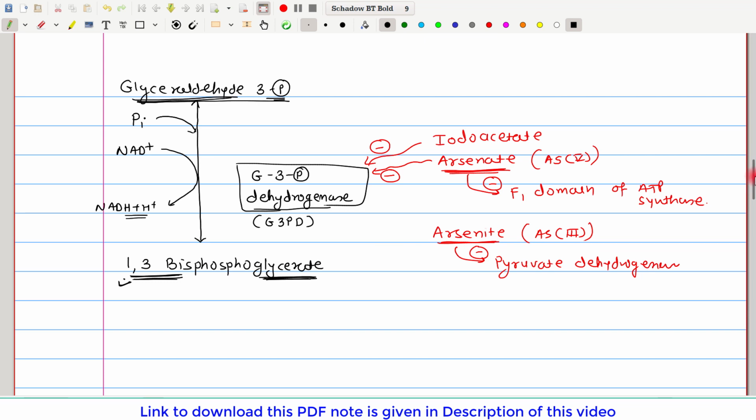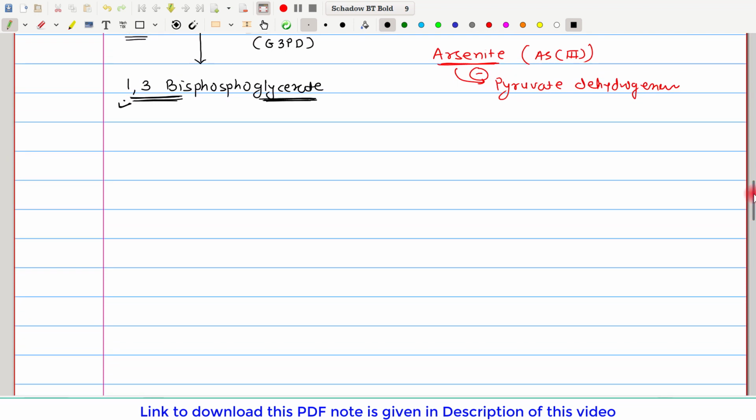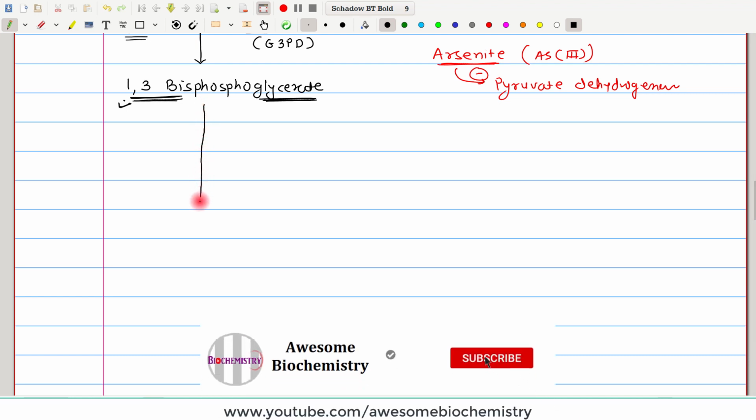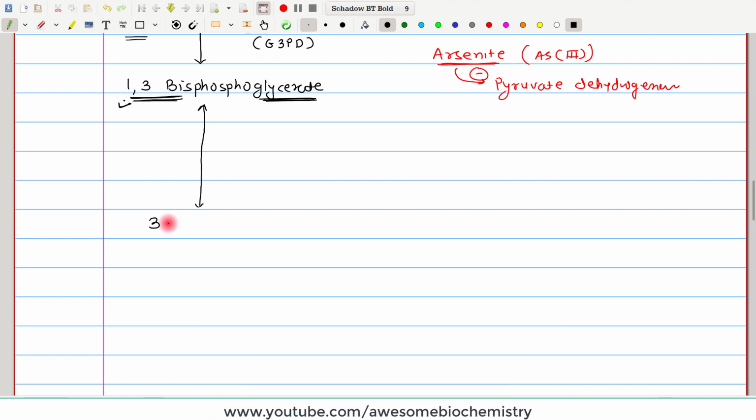Now, let us look at what will happen to this 1,3-bisphosphoglycerate. This 1,3-bisphosphoglycerate is reversibly getting converted into 3-phosphoglycerate. As you can see over here, in this compound there is one phosphate less than this 1,3-bisphosphoglycerate.